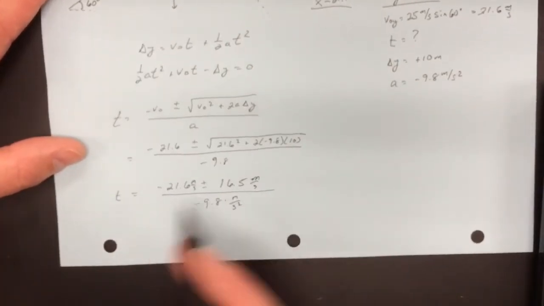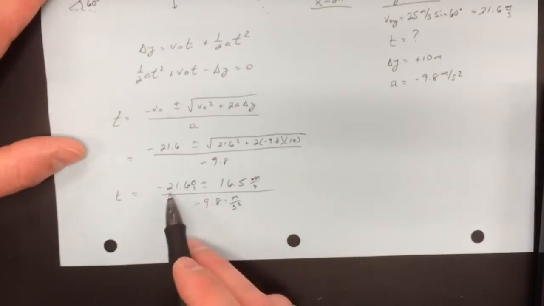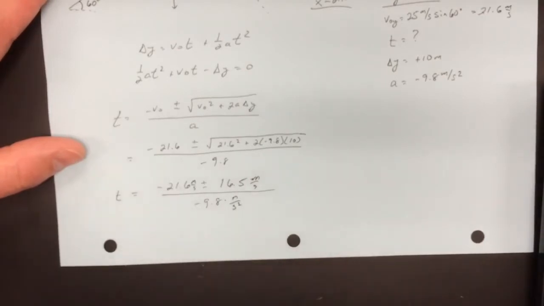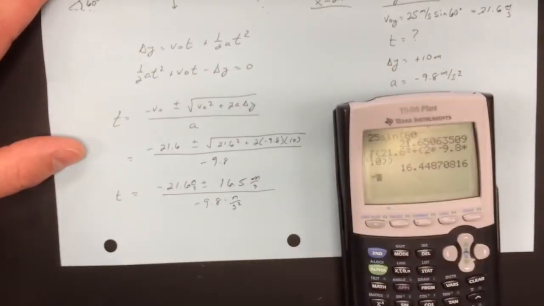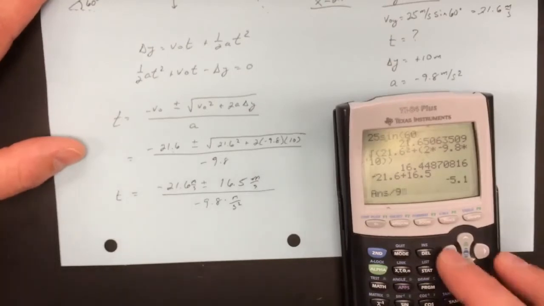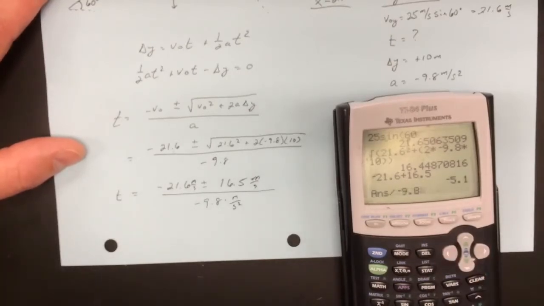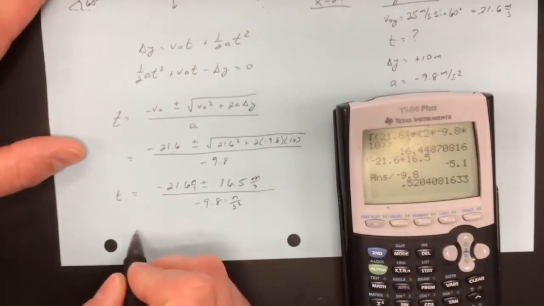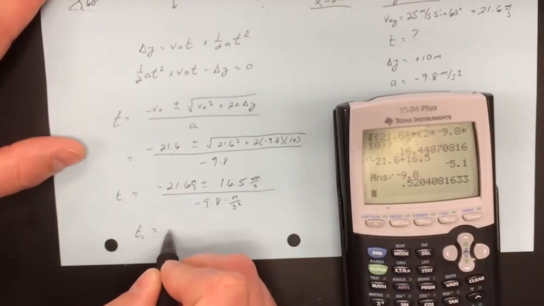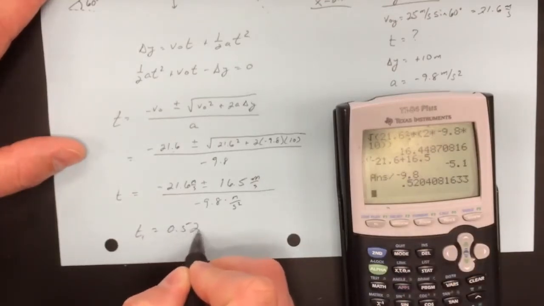So you have to do two separate problems here now. You have to do negative 21.6 plus 16.5 divided by negative 9.8, which will give us a positive 0.52 seconds.